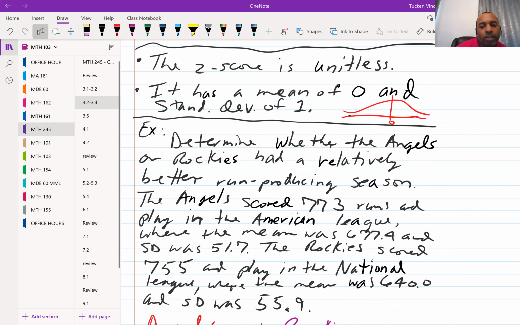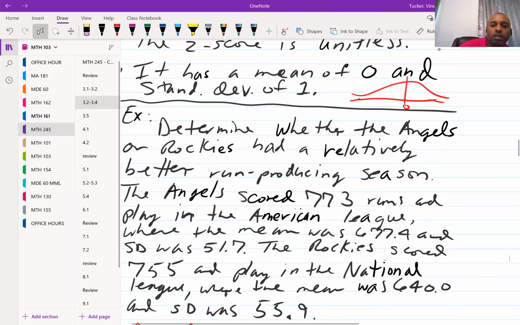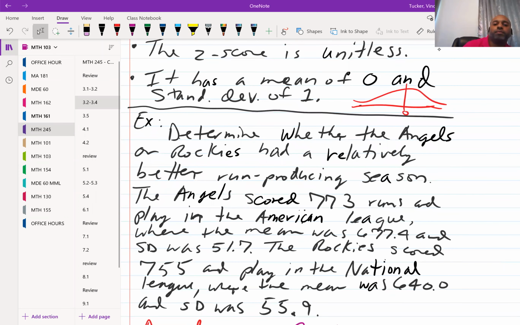The Angels scored 773 runs and played in the American League, where the mean was 677.4 and the standard deviation was 51.7. The Rockies scored 755 runs and played in the National League, where the mean was 640 and the standard deviation was 55.9. I'll give you a chance to write that down.